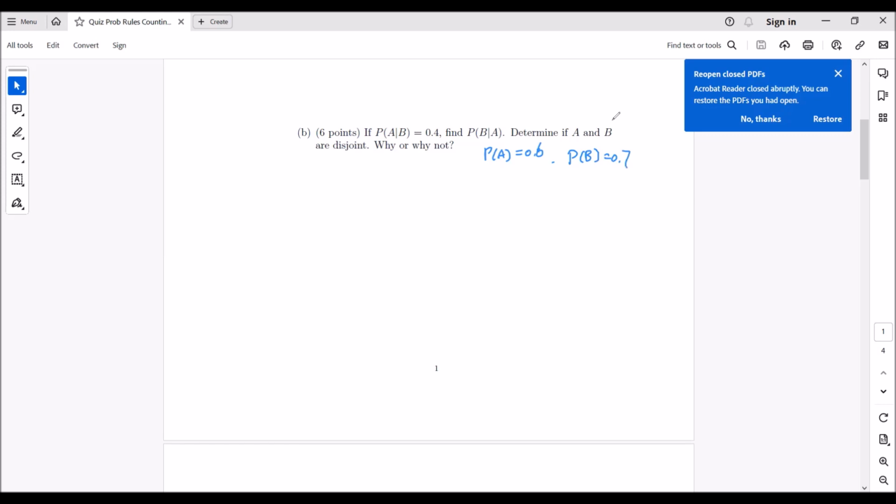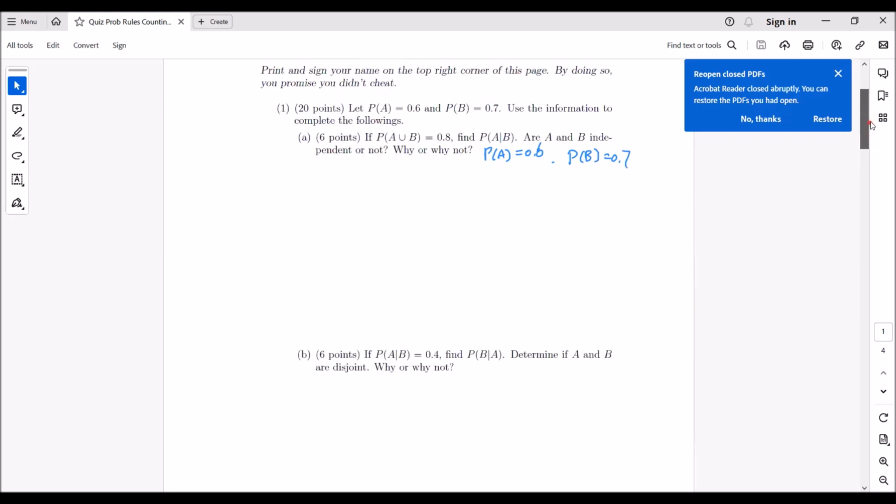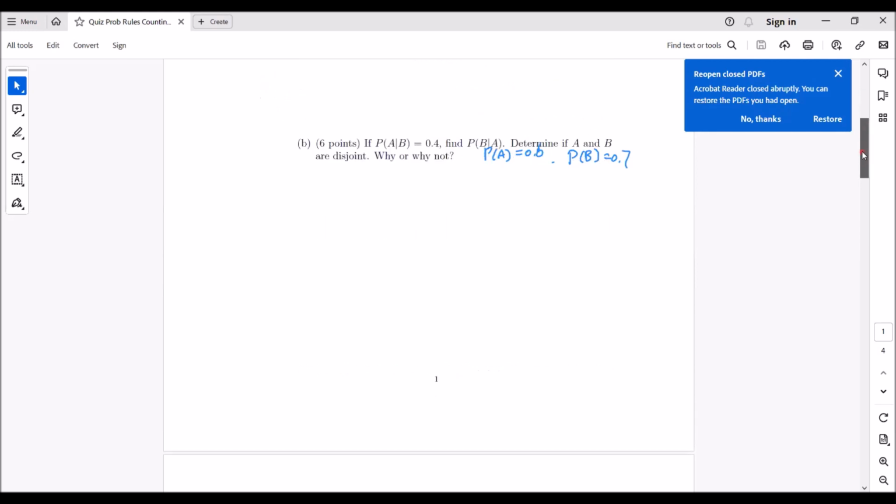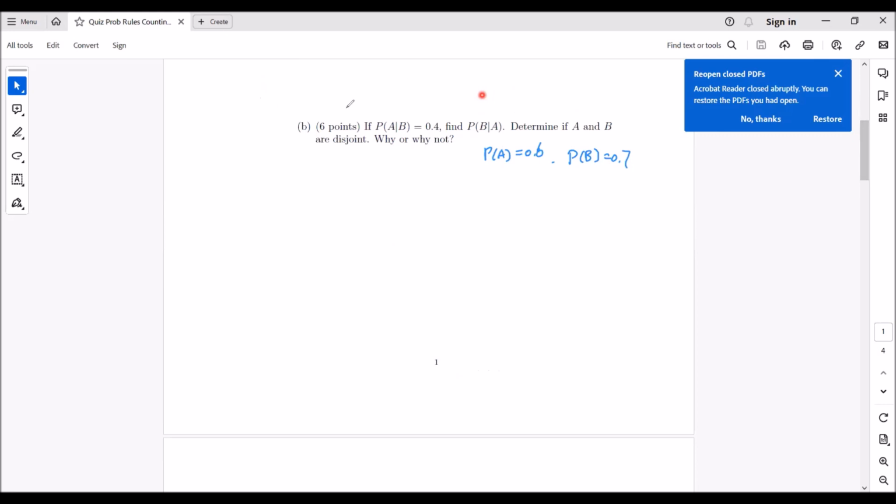Make sure they're the same. Now we know the probability of A given B, and we are looking for the probability of B given A. We can use so-called Bayes rule, but really we don't need it for this problem.